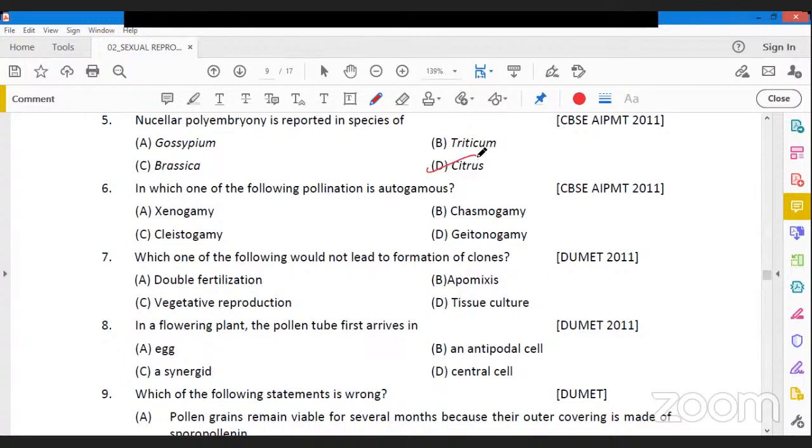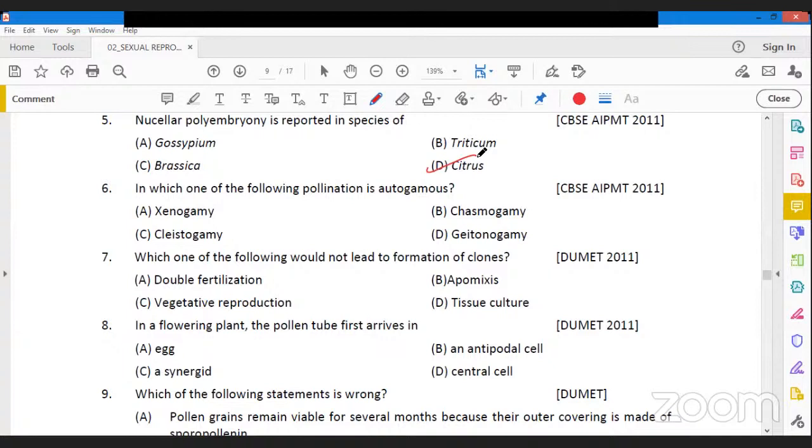It is a type of seed formation in which the nucellar cells present in the ovule divide and form many embryos. These are exact clones of the parents. Why? There is no crossing over or recombination. They are exact clones of the parents because they are formed from nucellar cells. Nothing changes, it is absolutely the same. They are all clones of the parents. So nuclear polyembryony is seen in members of the citrus family.